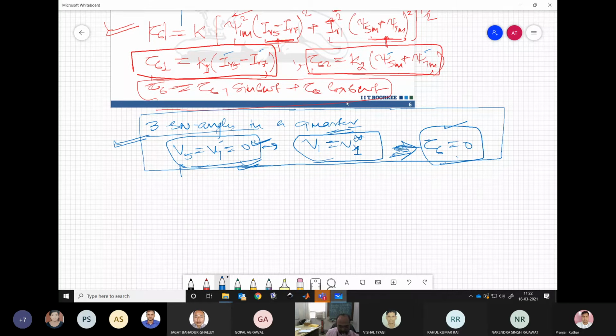Now let us say we do not have the liberty of 3 switching angles, we have only 2 switching angles per quarter.